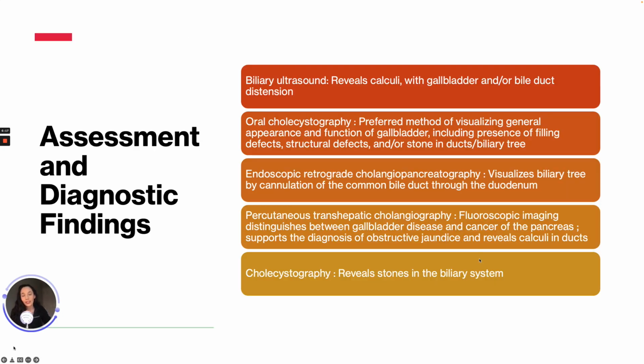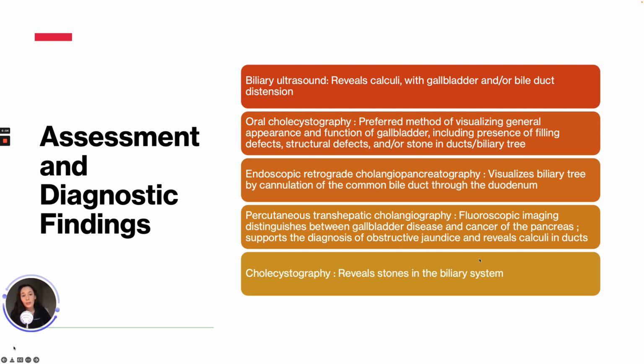So, different assessments and diagnostic findings. A biliary ultrasound can reveal calculi within the gallbladder and or bile duct distension. This is usually the first diagnostic procedure. They can also do an oral cholecystography, also called an OCG, which is the preferred method of visualizing the general appearance and function of the gallbladder, including the presence of filling deficits, structural deficits, and or stones in the ducts or biliary tree.